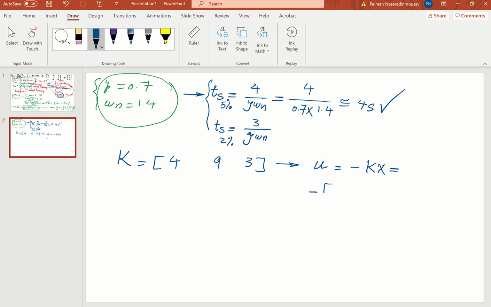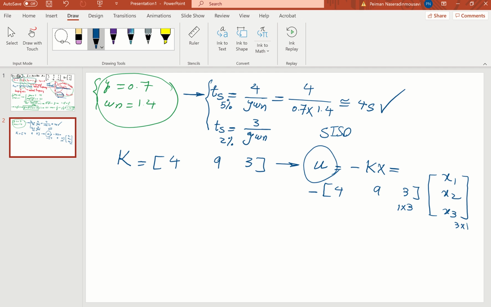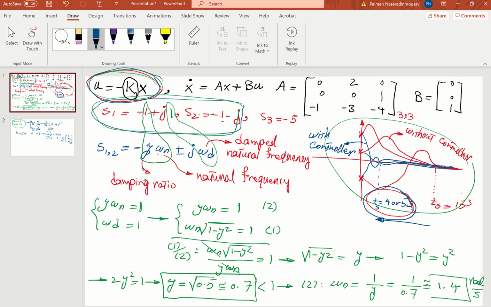We did exactly that in MATLAB. 493, and we have 3 state variables, x1, x2, x3. So obviously this is 1 by 3, this is 3 by 1, so we get a scalar u, because this is a SISO system, single input, single output. So everything is based on logic. There is no gambling, no chance. You have to understand what you are doing.